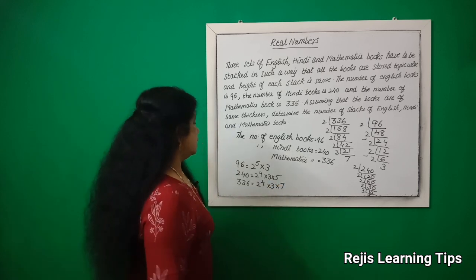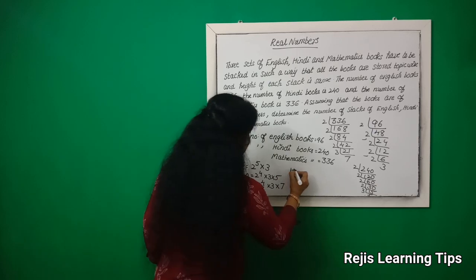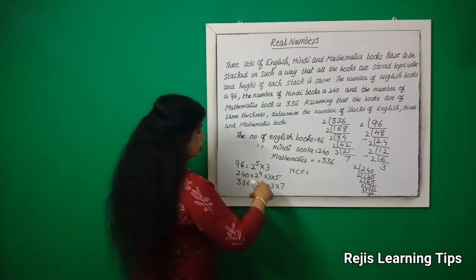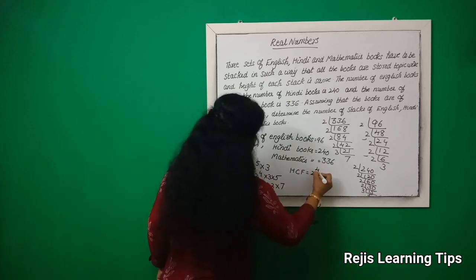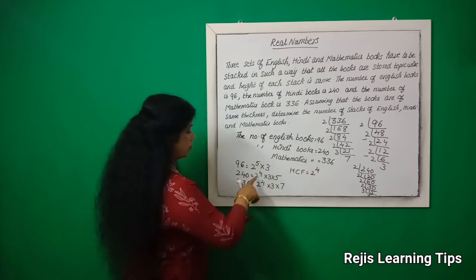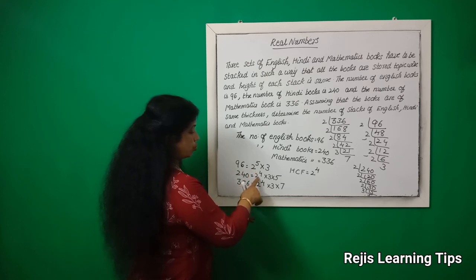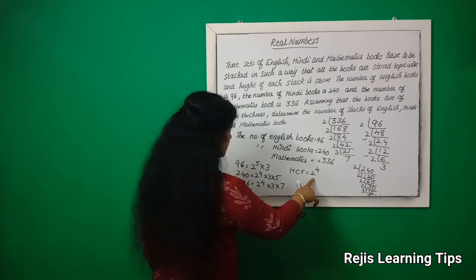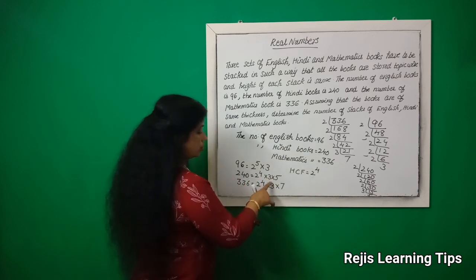Then HCF is equal to 2 raised to 4. We should find the common factors, the highest common factor. We have 2 raised to 5, 2 raised to 4 and 2 raised to 4. Among these, we should write here 2 raised to 4. Then 3 into 3 into 3.